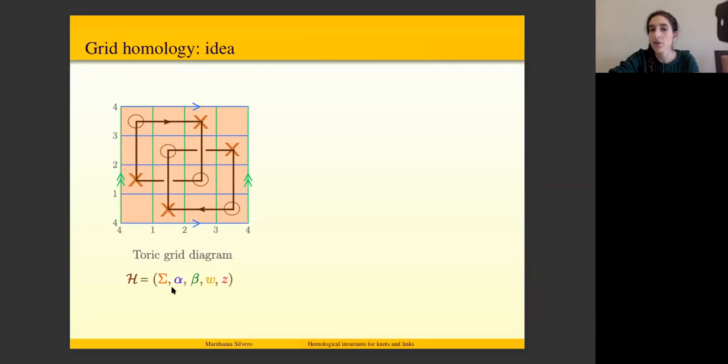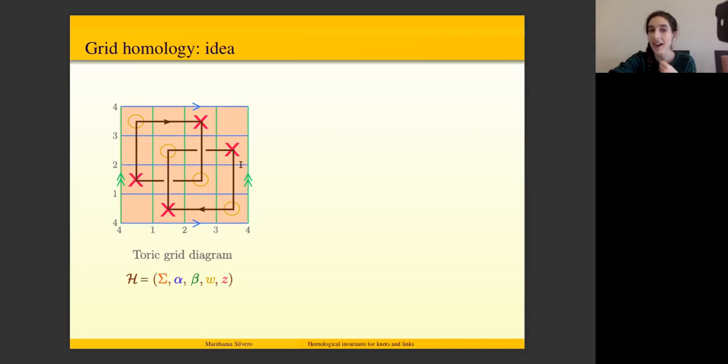When you identify, you have in this case 4 alpha curves and 4 beta curves. And what are the W points? W points are going to be the circles, and Z points are going to be the crosses.